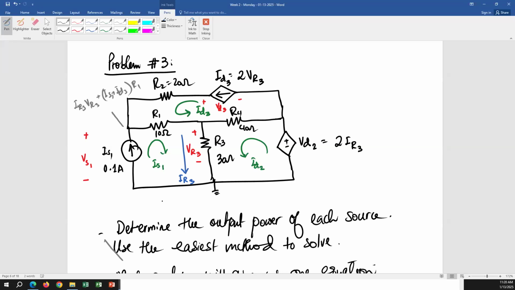VD3 and what? No, that's not the KVL equation for that loop, because in that loop you have R1, you have R4. If you're applying KVL, that's not the equation.